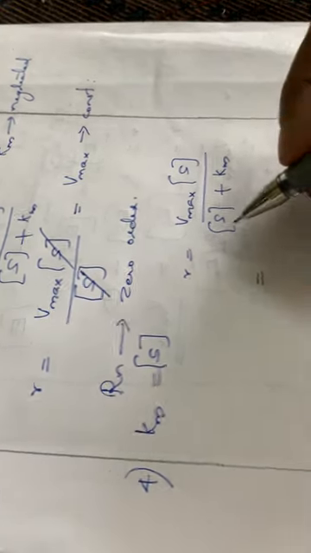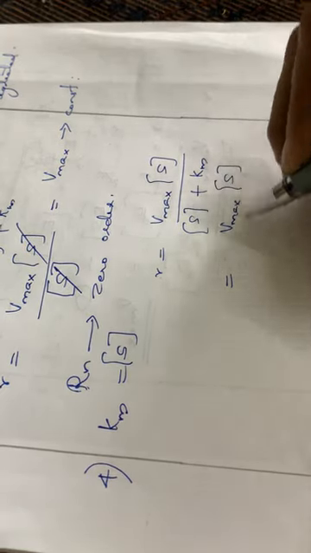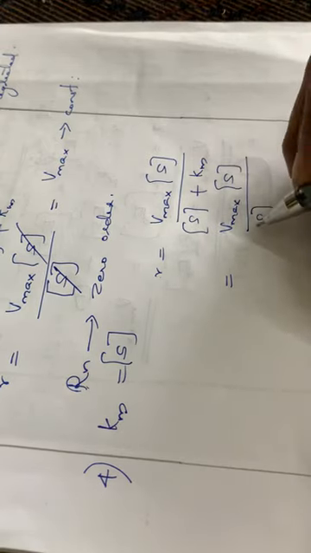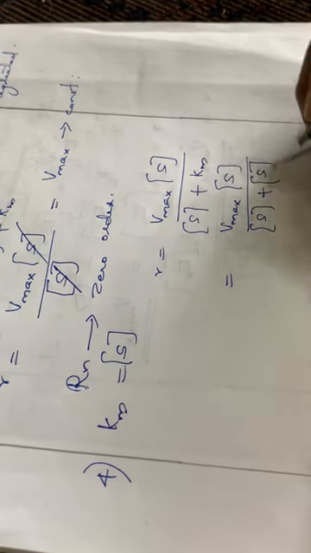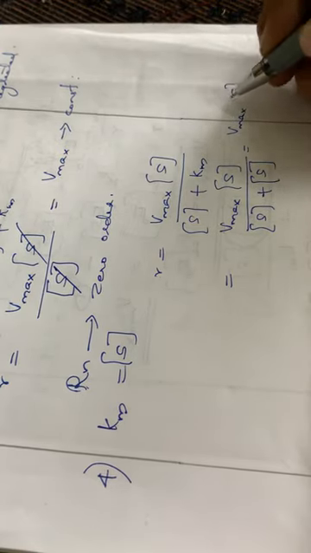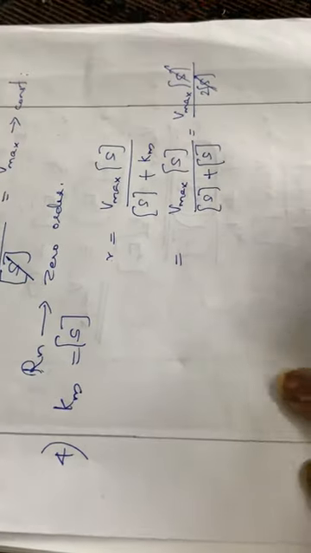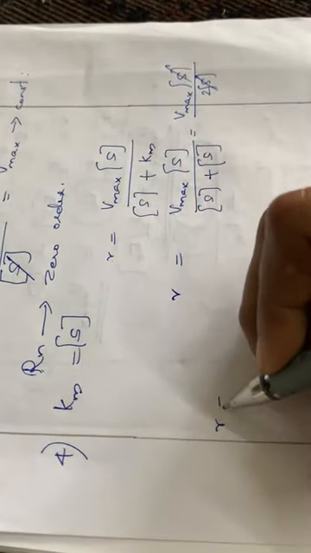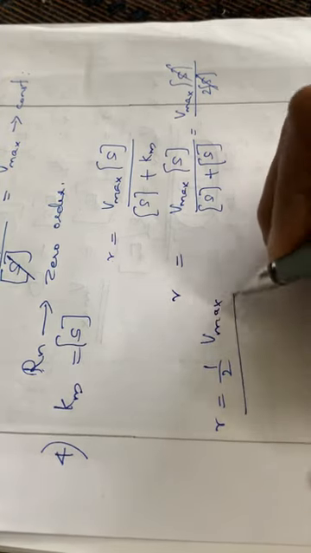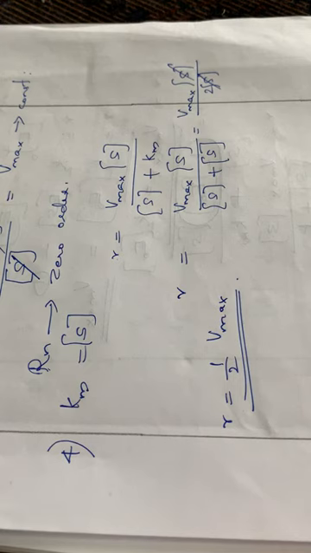So Km is equal to S. So instead of Km we can put S. So S plus S will be equal to 2S, isn't it? So Vmax into S divided by 2S, that is, S gets cancelled. So R is equal to half into Vmax, isn't it? R is equal to half into Vmax. So that is another condition.